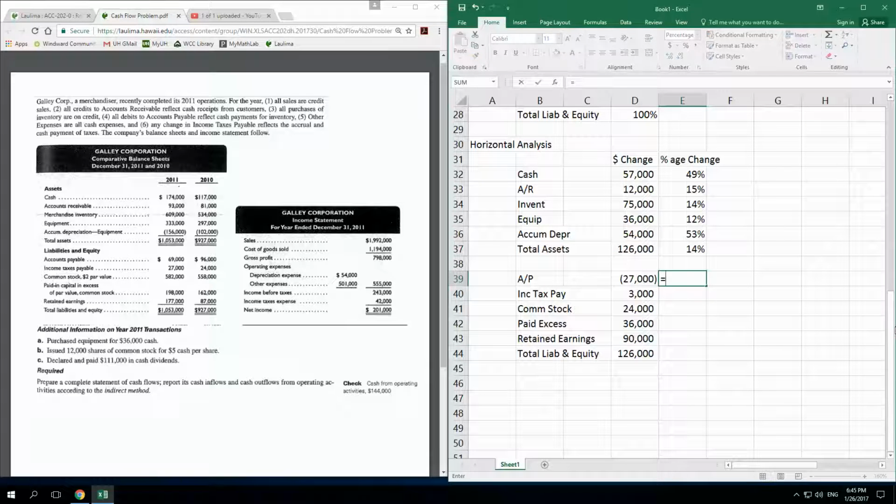Okay. Accounts payable decreased. It went down by 28%. Income tax payable increased 13%. As well as common stock.